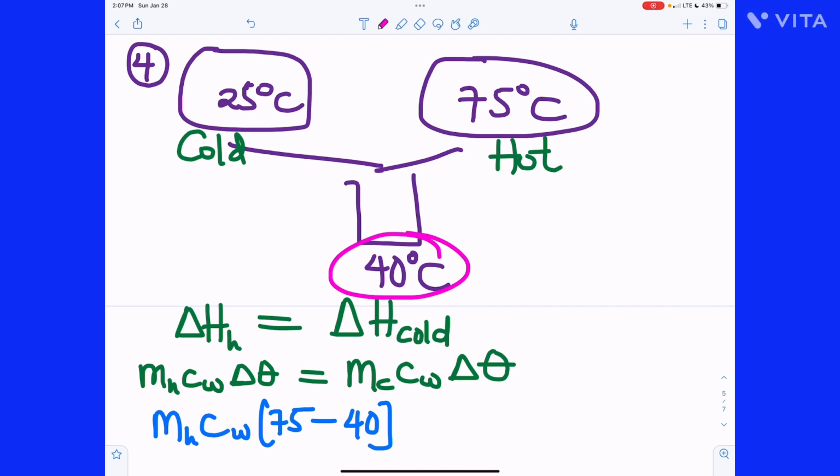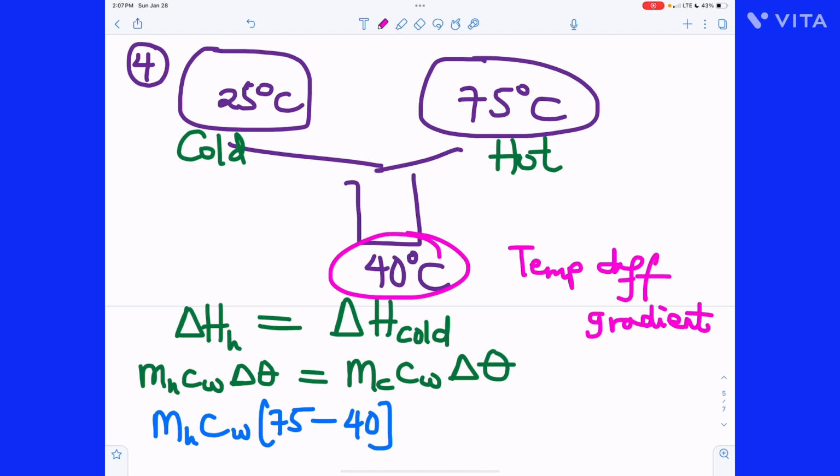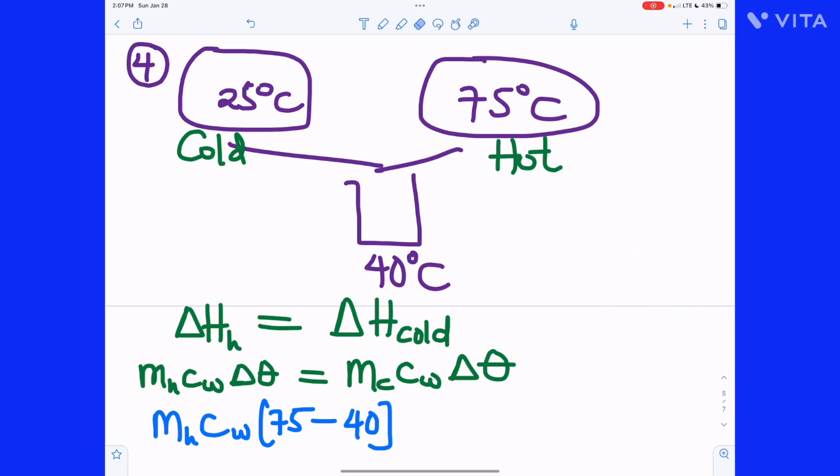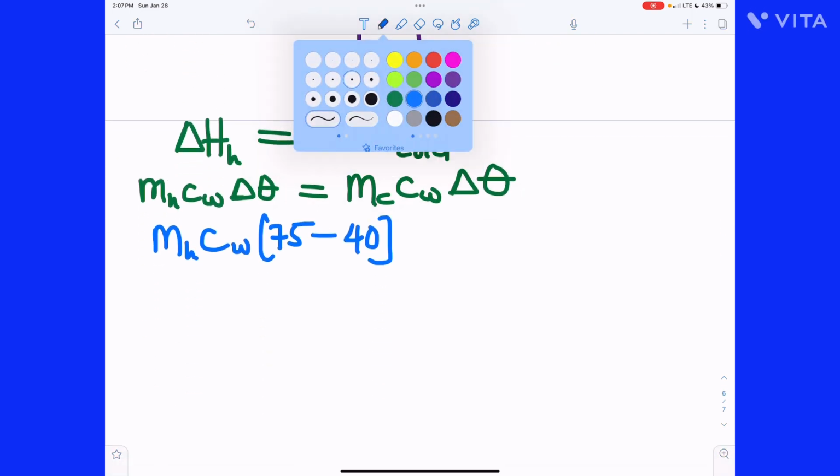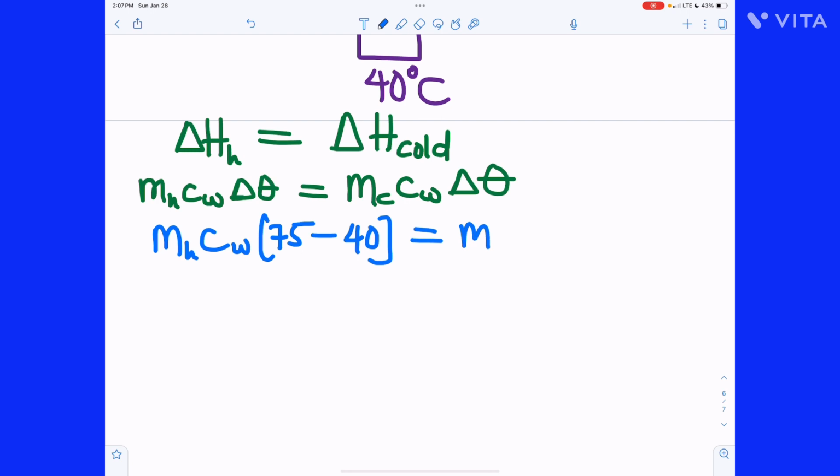So at thermal equilibrium, there will be no temperature difference or temperature gradient, and so heat will stop flowing between them. So take note of that. So the hot water will lose heat from 75 to 40, while the cold water will gain heat from 25 to 40.